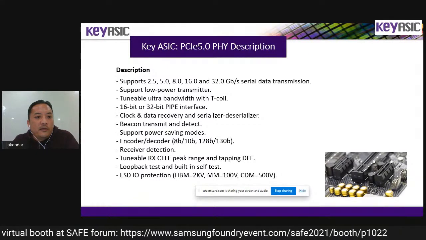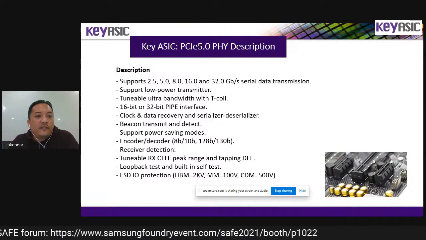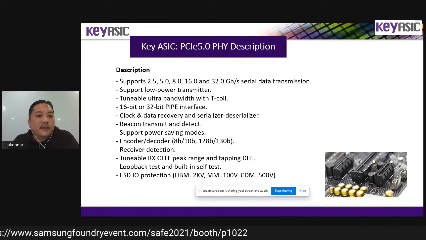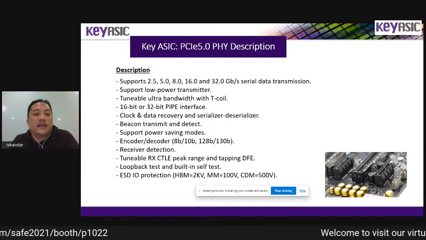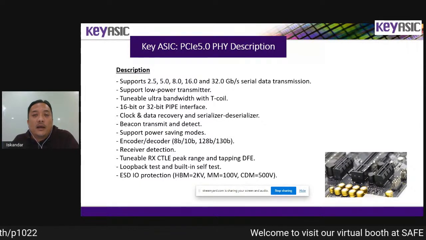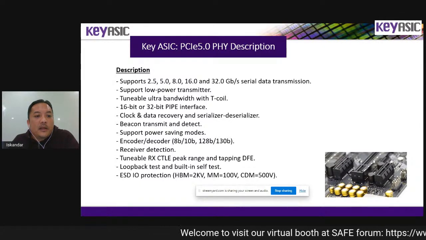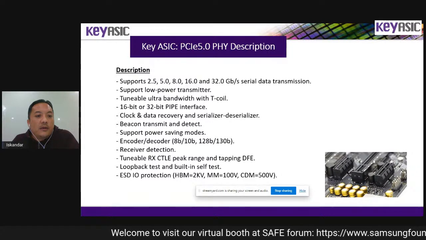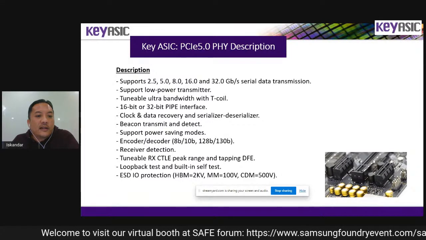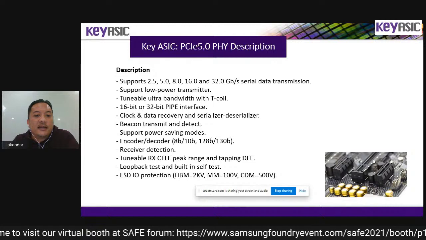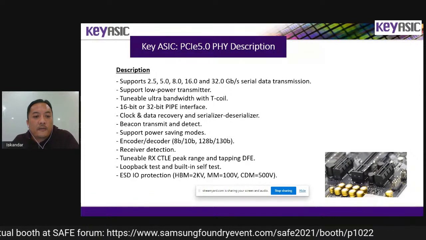At the same time, PCIe 5 also has a 16-bit or 32-bit PIPE interface between PCS and PMA. We also have a CDR, clock data recovery, and also a serializer and deserializer block.